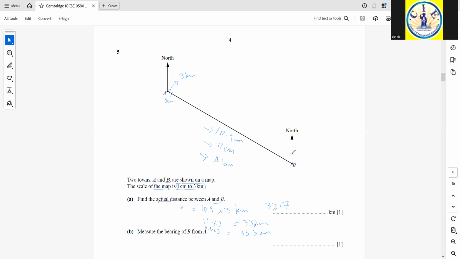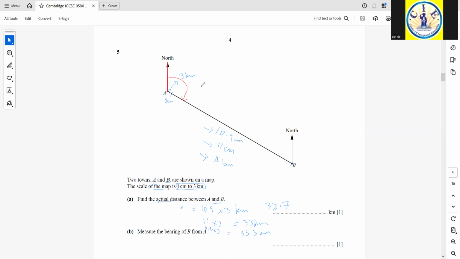then it is part B. Measure the bearing of B from A. What we need to do? We need to draw a vertical line from A, that is the north, like this. And then we need to measure the angle in the clockwise direction to measure the bearing to this line.